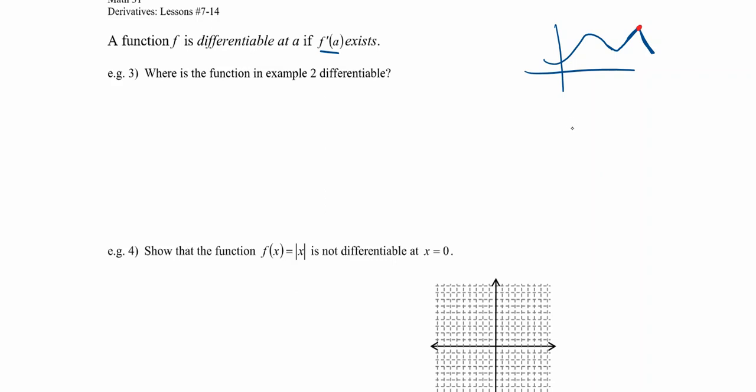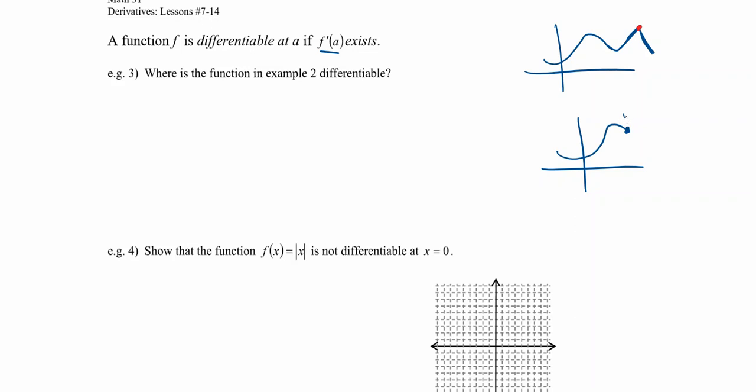I also wouldn't be able to take the derivative if I had a function, I'll do blue, doing whatever, and then just stopped. Looking at that point, what would the derivative be?